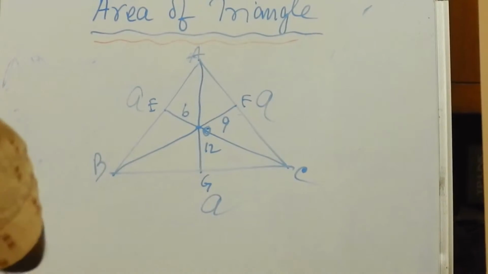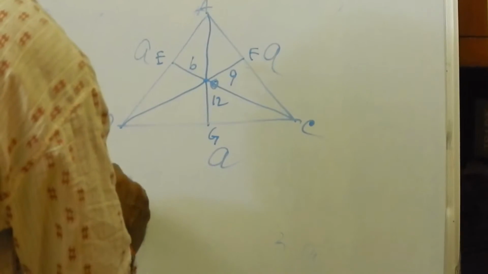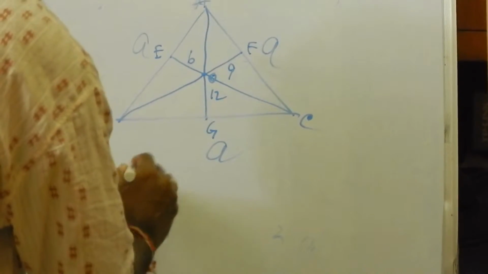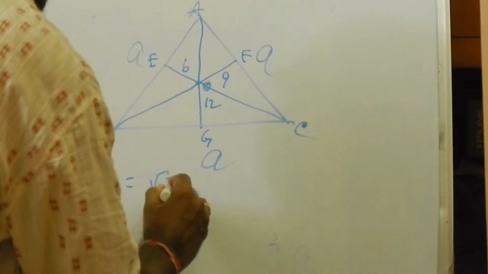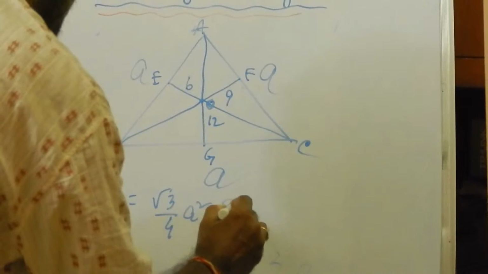So the area of this triangle equals, we know the basic formula, √3/4 a square centimeter.